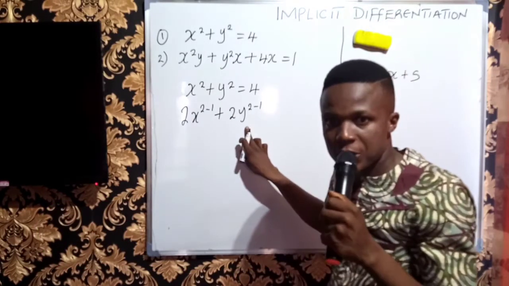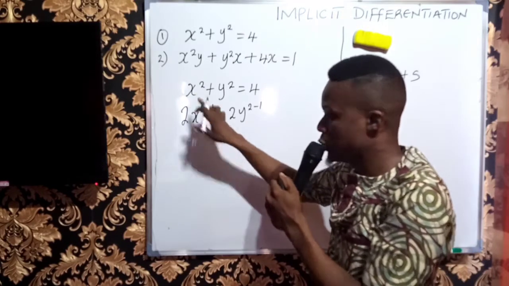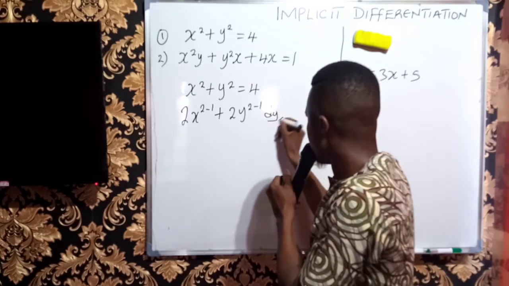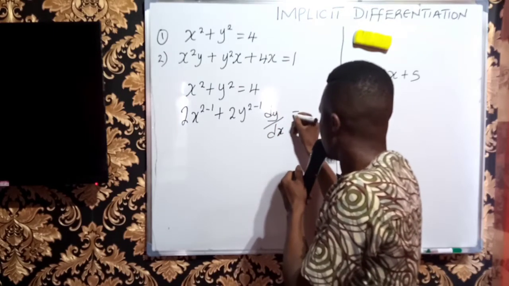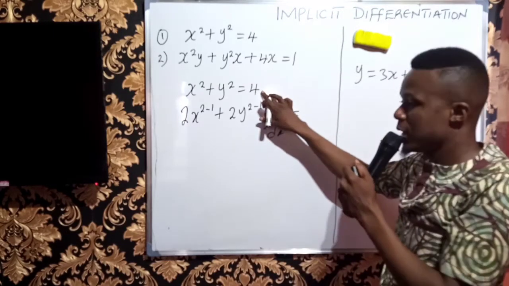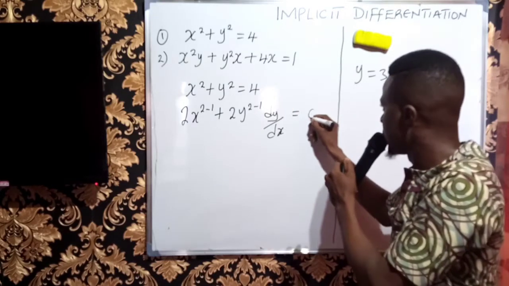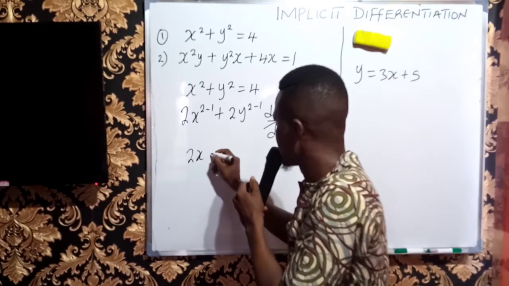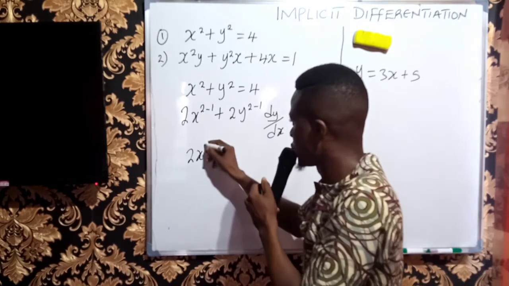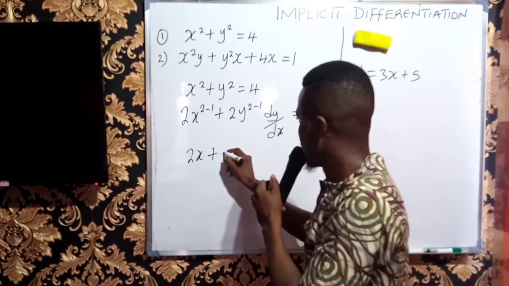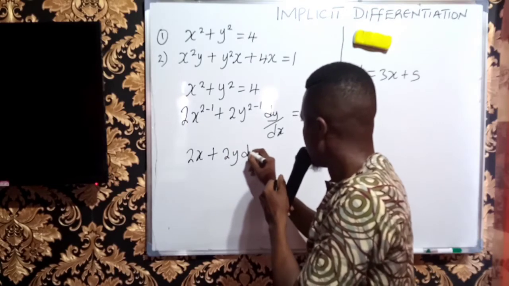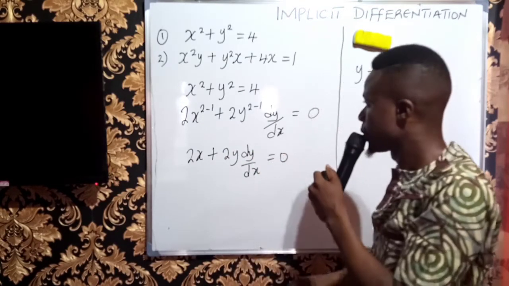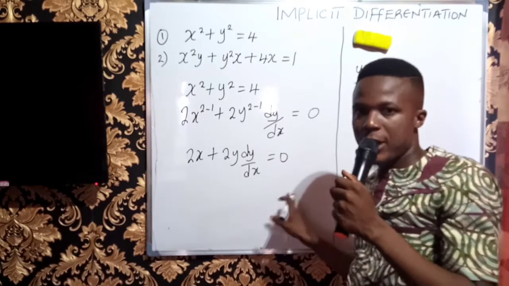But because I've differentiated y, which is not x, we are differentiating with respect to, I will attach dy over dx, equals, when I differentiate any constant, I will get 0. So this will give me 2x plus, because 2 minus 1 is 1, 2y dy over dx equal to 0.